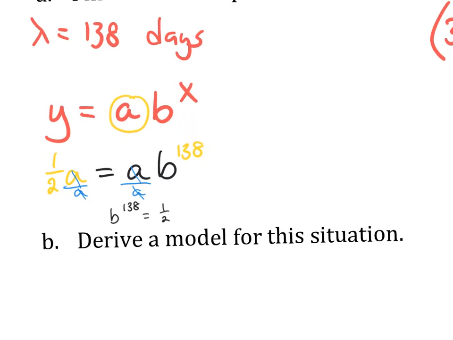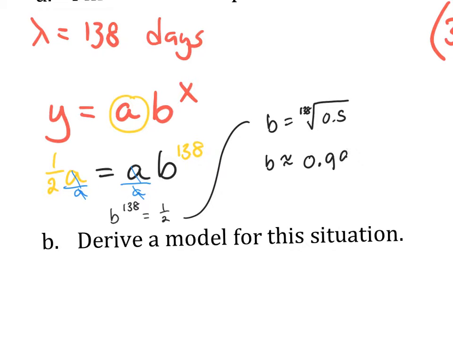So b is going to be equal to the 138th root of 0.5. So that brings us to b being approximately 0.995.